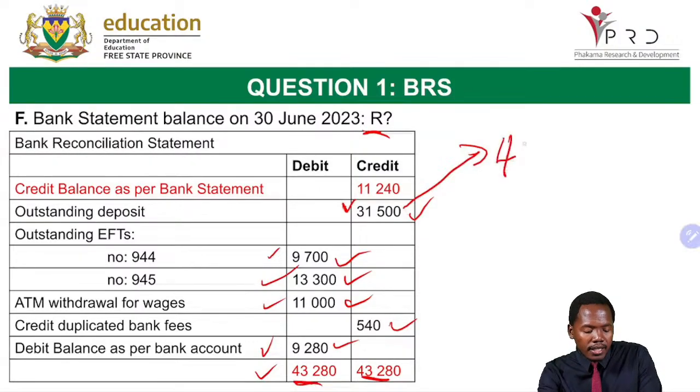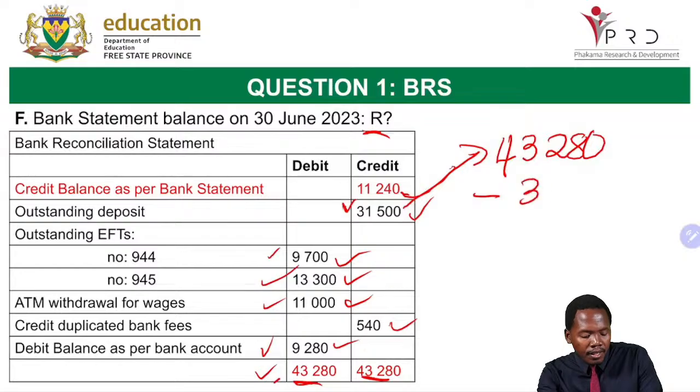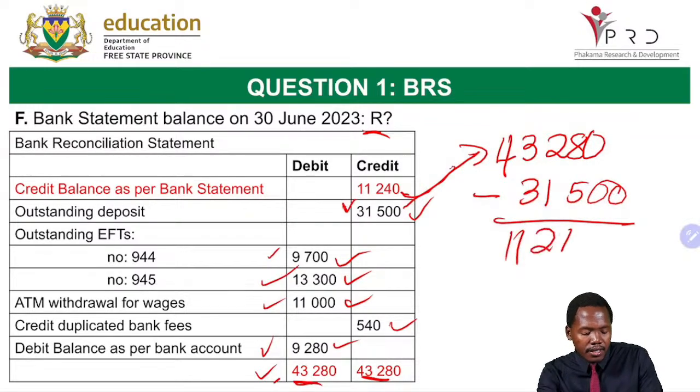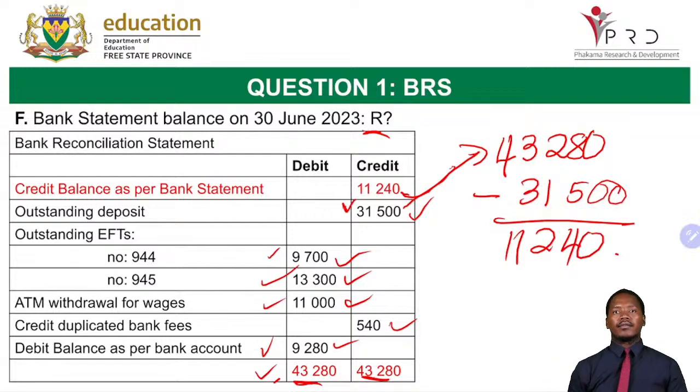We say 43,280 minus 31,500, and then we get 11,240. So it goes in on the credit side. This is why we would say now credit balance as per bank statement.